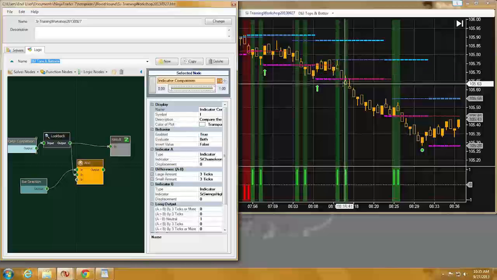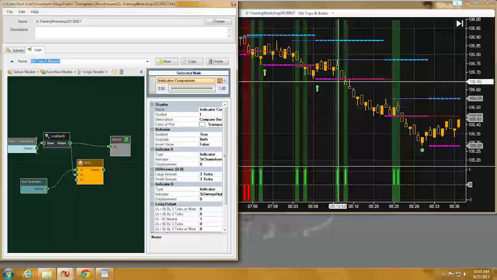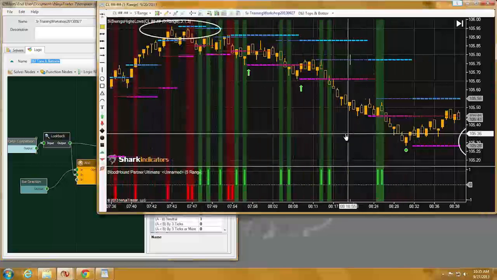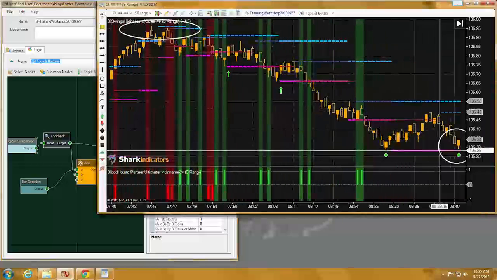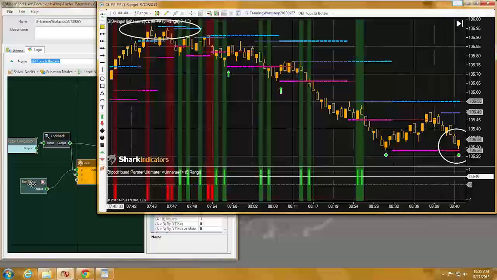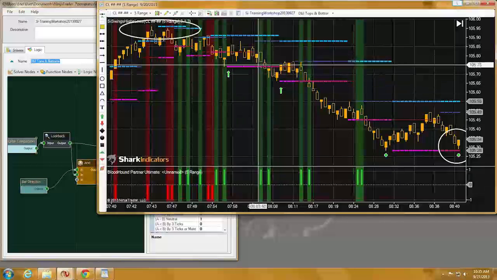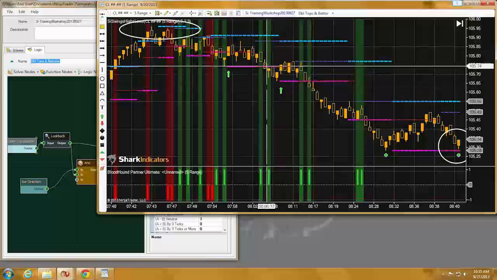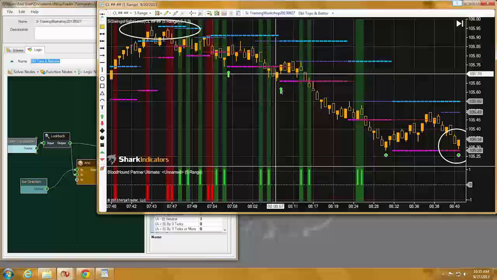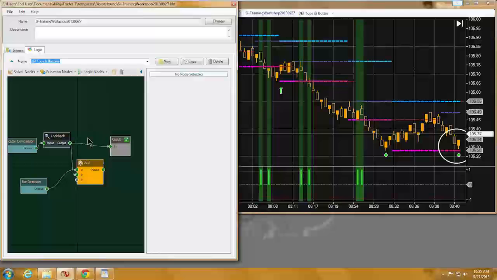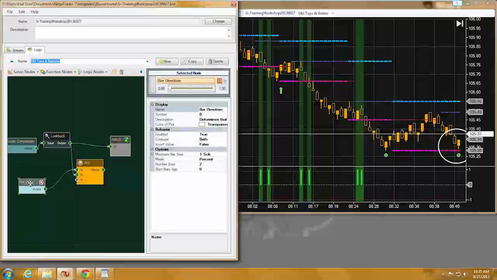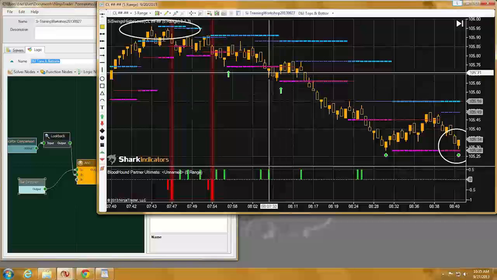So these are correct, but we need other solvers so that, technically it's correct, but of course what we're really looking for is bounces off of this magenta plot line. So that's why I'm using the bar direction to kind of filter out these technically correct long signals, but it's not really what we're looking for. So once we use the bar direction solver in combination, there we go, then it cleaned it up.